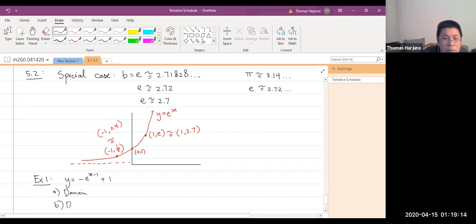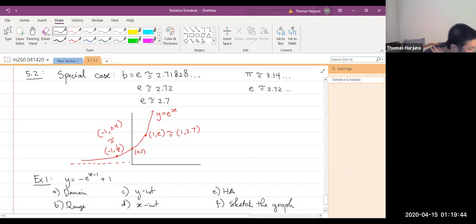Second, the range. Then the y-intercept, the x-intercept, horizontal asymptote, and then the sketch of the graph. I hope you have your calculator with you. Make sure you know how to find the e there. Otherwise, you will use 2.72 in place of that e.